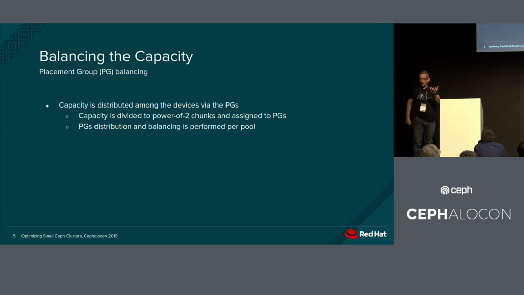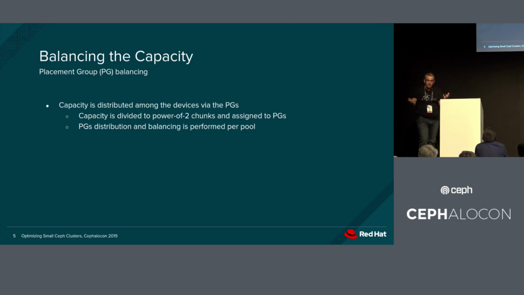But if we give 100 PGs, then we will still get 128 chunks, because it's always power of 2, and we will need to allocate 128 chunks into 100 PGs. So we will have 28 PGs with double the capacity, and 72 others will have half the capacity.